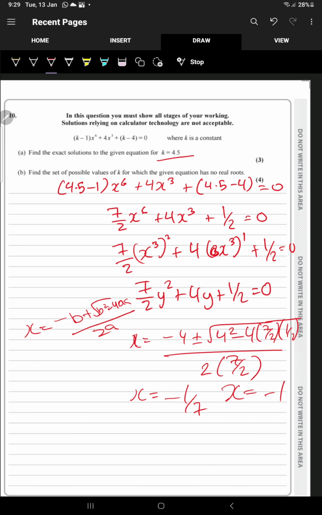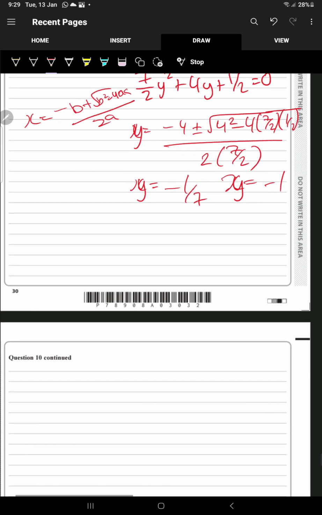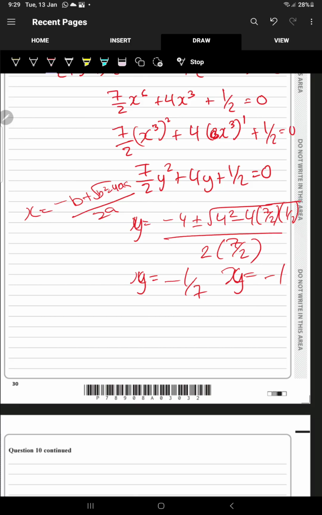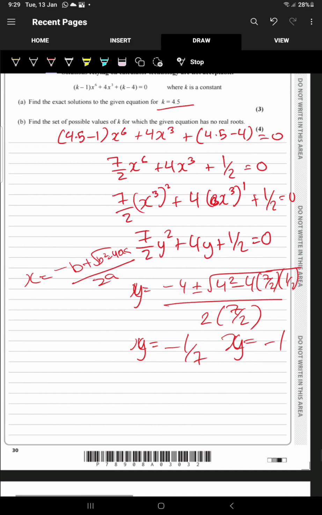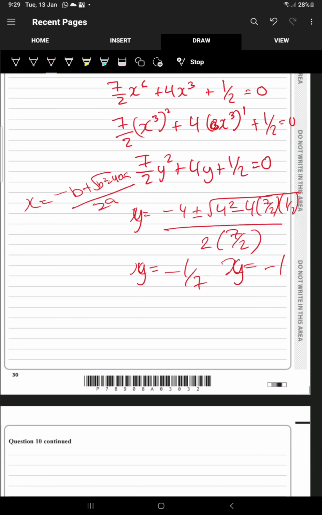Okay, so now we have x cubed is equal to minus 1 over 7. Take the cube root on both sides. The cube root of minus 1 over 7, you just write it like this, or you can write it like this.